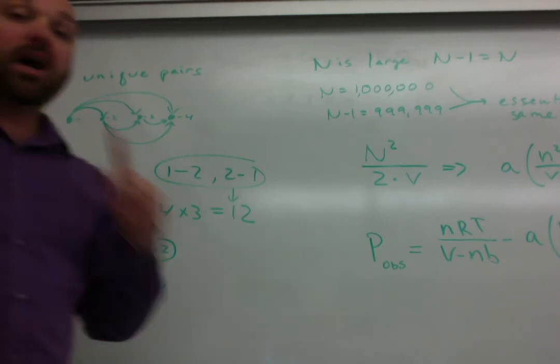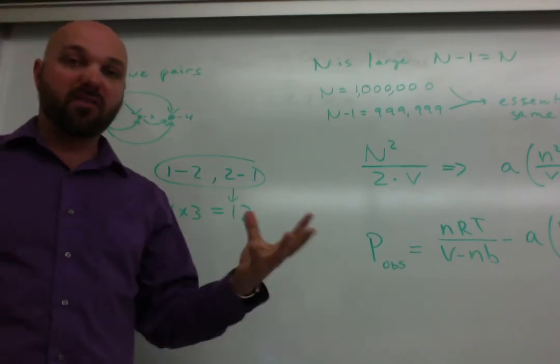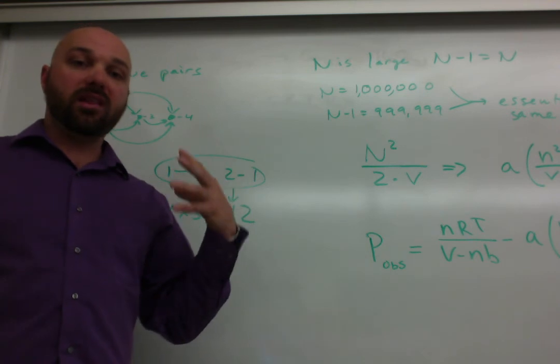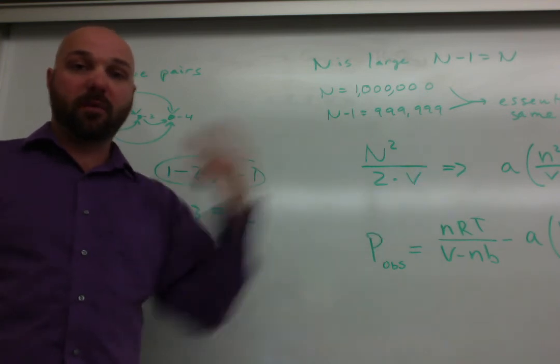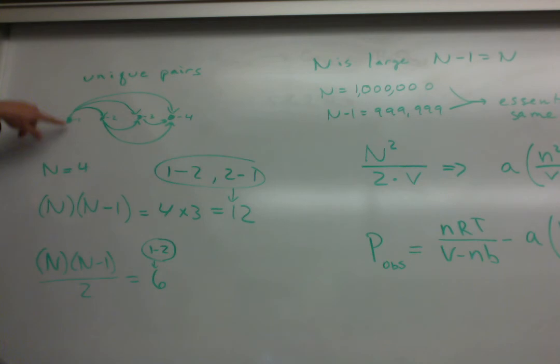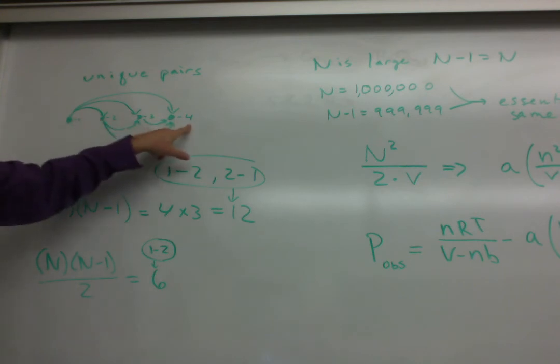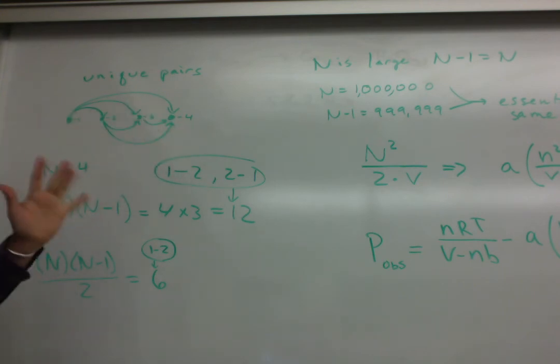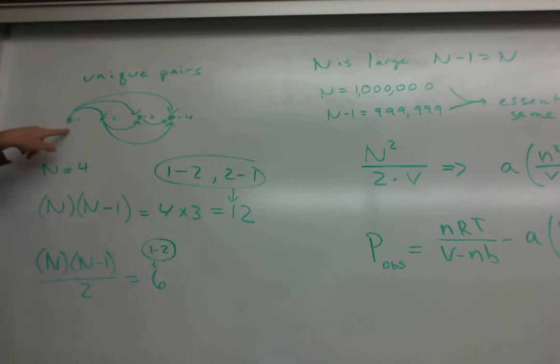It's all about combinations. So the number of particles, we need to relate the number of particles available for making up a pair. So if we have 1, 2, 3, 4 particles, because we're going to keep this simple, we're going to start small. Each of those 4 particles are able to pair up with the other 3. So n is 4.